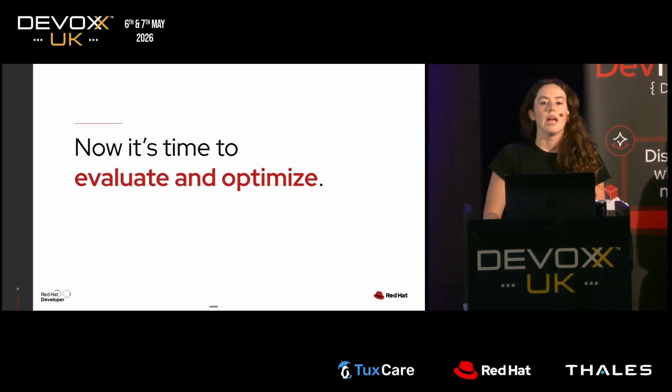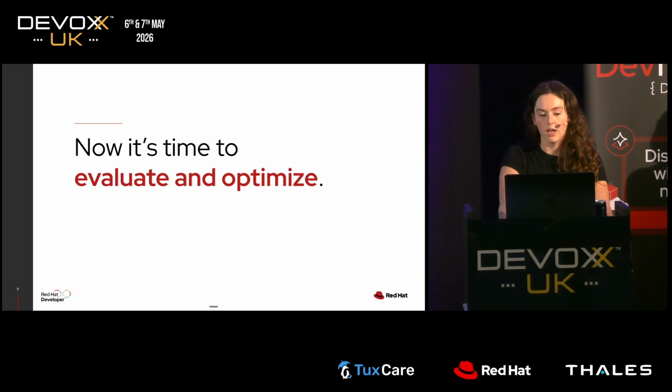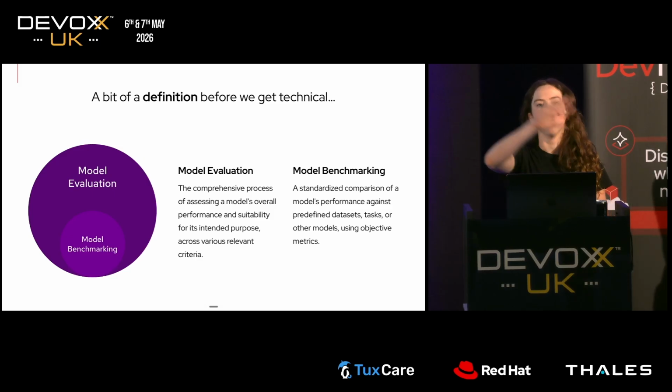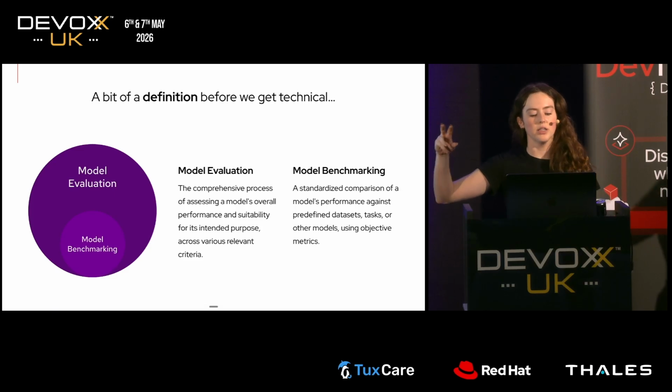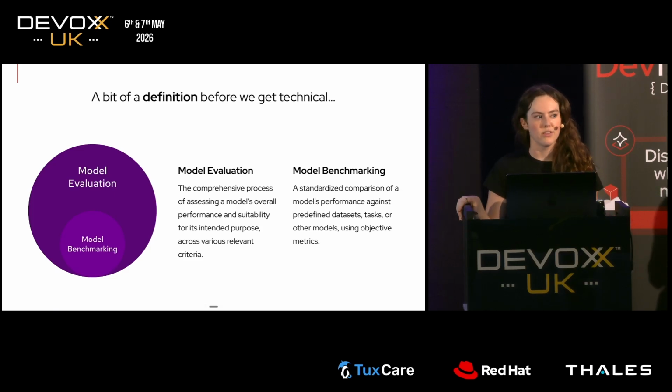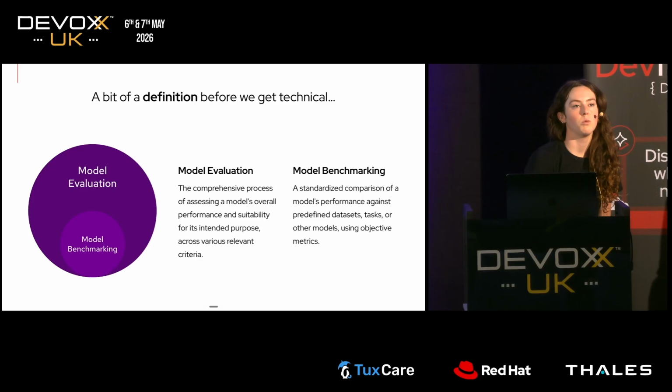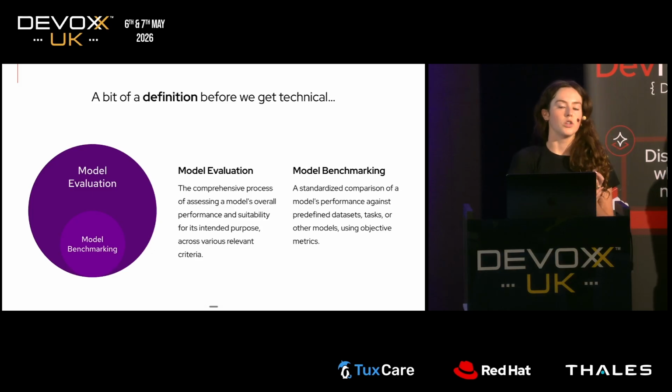Okay, so now let's talk about evaluating and actually optimizing these models. One, just a bit of a definition. There's model evaluation, which is a whole big category that can be very vibes based. I don't know if you guys have ever seen LM Arena. If you haven't, it's a really fun thing to check out, and you can check it out after this talk. LM Arena is this website where you have anonymous models give you responses to whatever query you gave it, right?